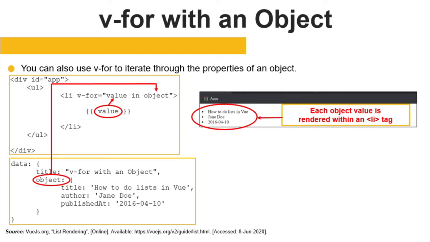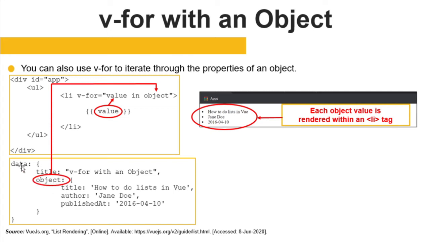v-for with an object. You can also use v-for to iterate through the properties of an object. In this example, we are able to access the contents of the name-value pairs such as title, author, and published at of our object property defined inside our data model.